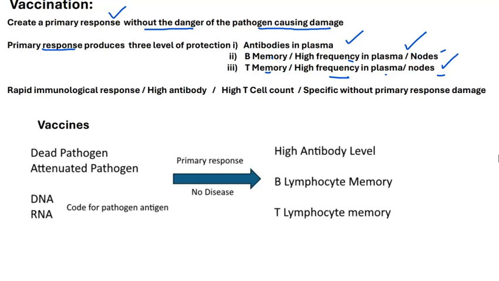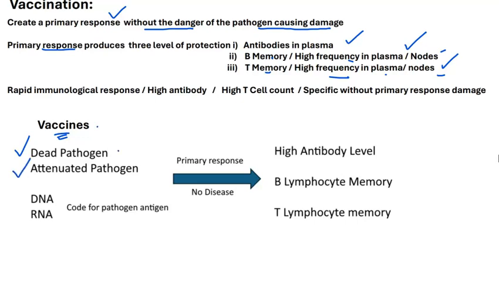And the way that we do this is to produce so-called vaccines, which are composed of either completely dead pathogens. Now, the significance of a dead pathogen is it can't replicate and therefore cannot spread the disease within your system. So one could have a vaccine of a dead pathogen.